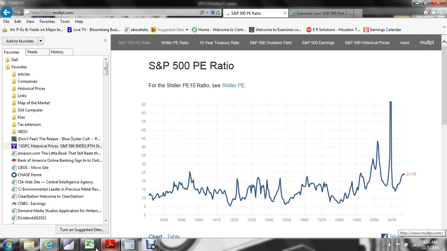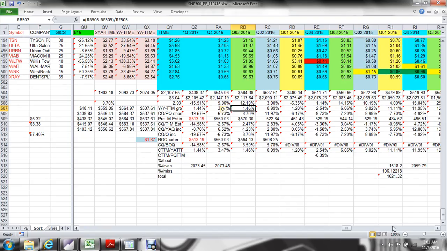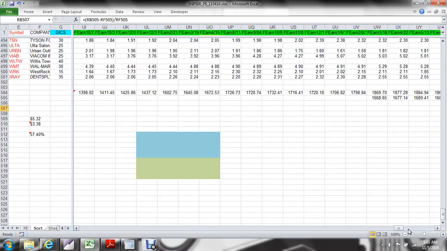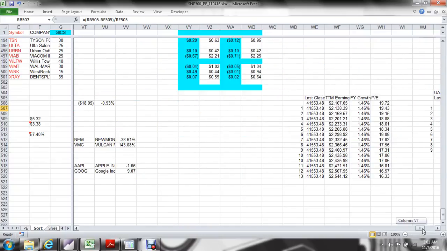Now we'll go back and look at this real quick here. We had a PE of 21 just a few months ago, and that's operating earnings. Very high.